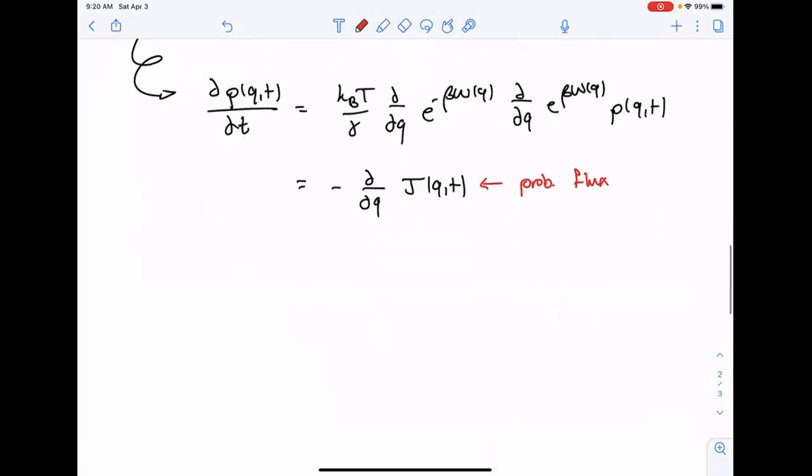So how can we use this Smoluchowski equation to compute the rate?